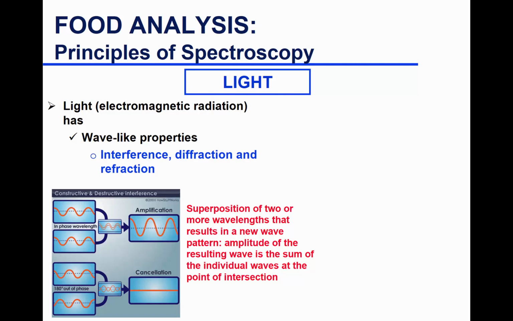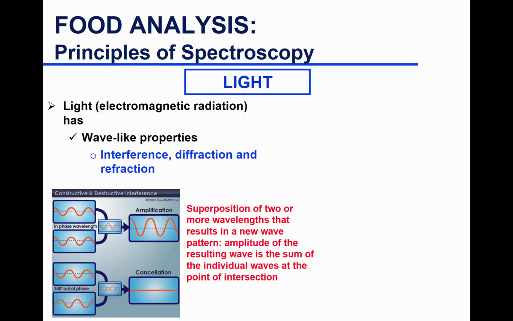So if we talk about interference, this will come back again when we talk about IR and FTIR, Fourier transform infrared. In that instrument, we're going to talk about how the mechanics of that instrument uses interference of light. So what does that mean? If you have two wavelengths passing together in space, and they overlap where both maxima overlap and minima overlap, you get amplification of that wavelength.